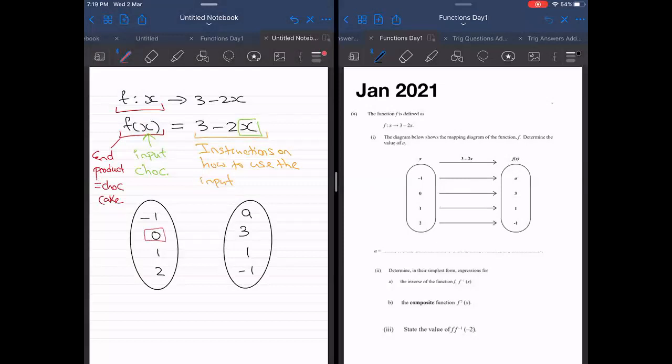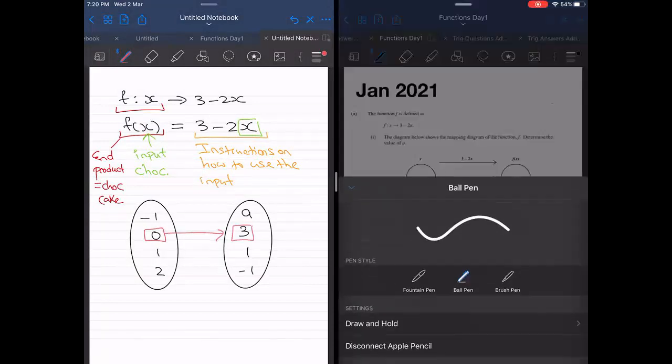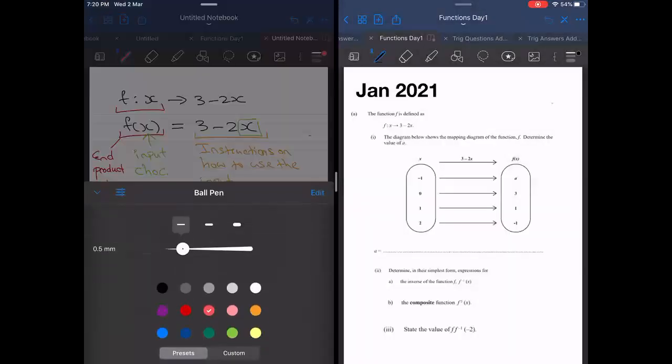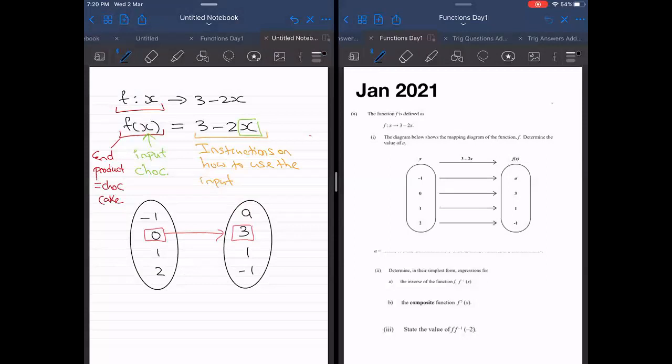is that when I put in 0, so when I put in vanilla, what I get out is a vanilla cake. If you notice on the top, you see x here and you see f of x here, right?